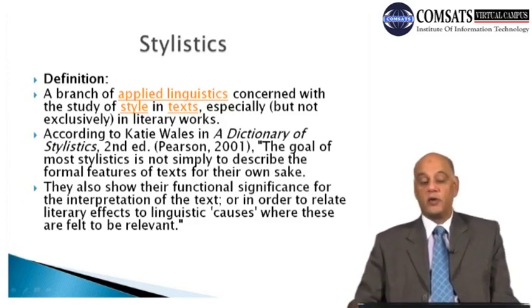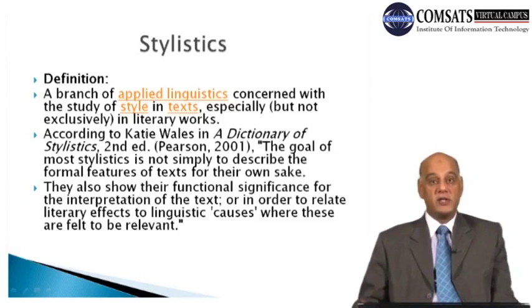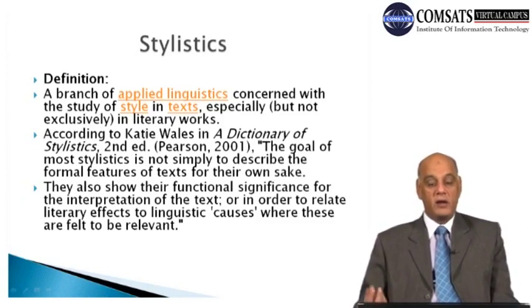Now, they also show their functional significance for the interpretation of the text, and in order to relate literary effects to linguistic causes where these are felt to be relevant. So you are also talking about the functional significance: how they are used, what their role is, and why they are being used for the interpretation of the text.